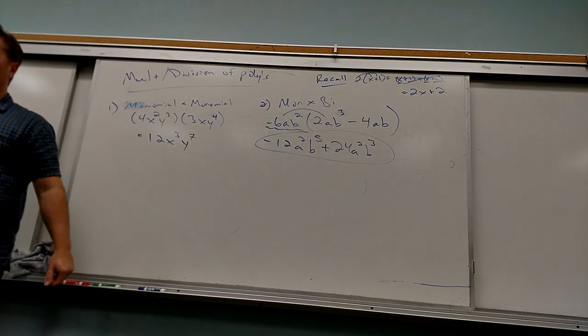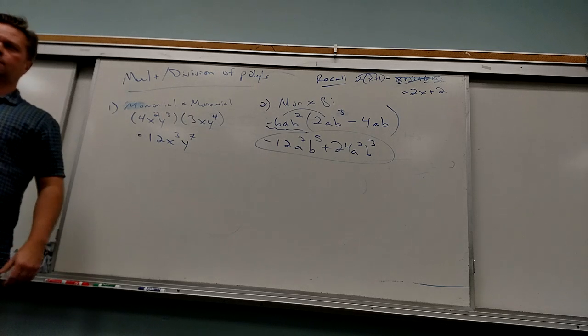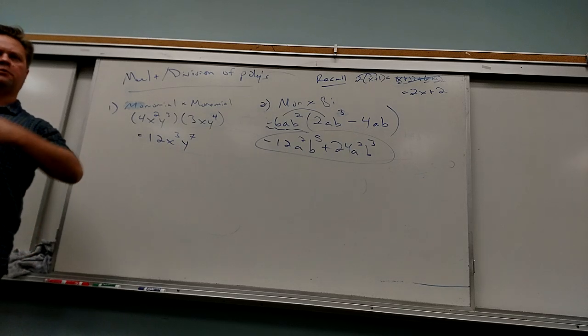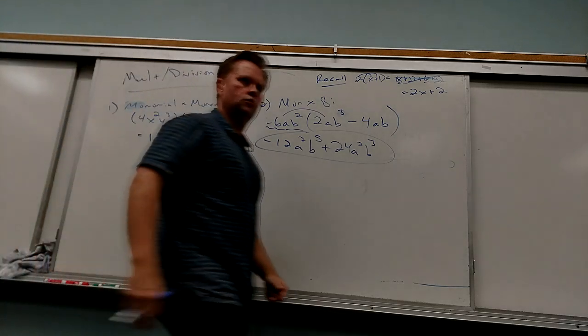Kick-ass. Okay. So let the distributive property be nice. I like it. So of course, what am I going to do next? Binomial times binomial.